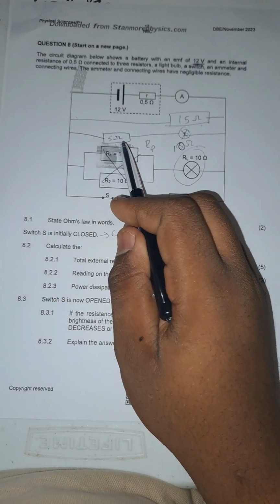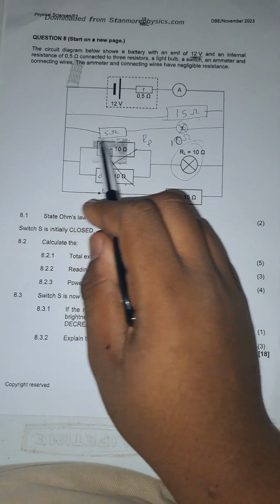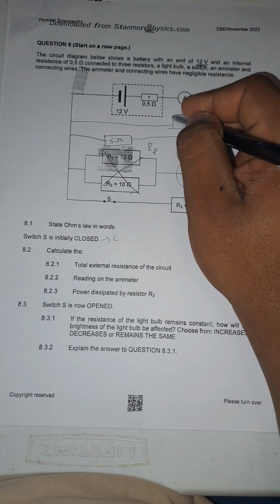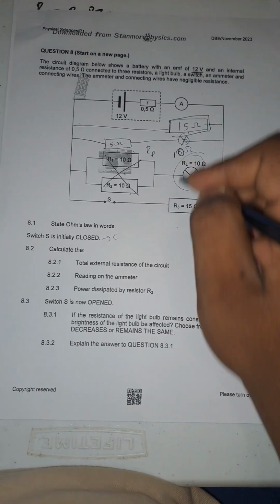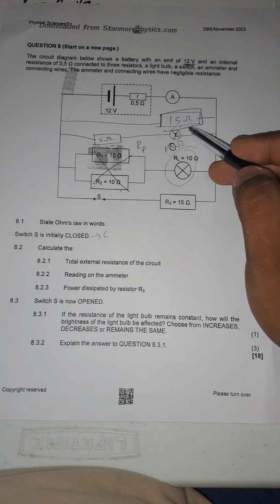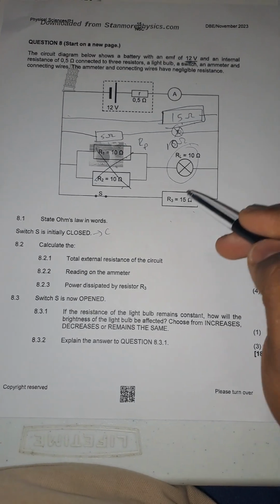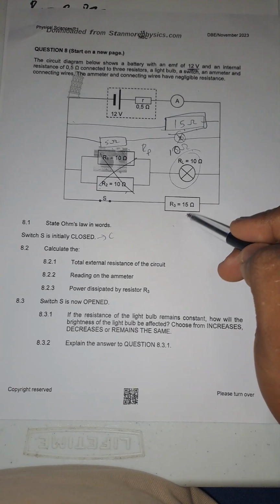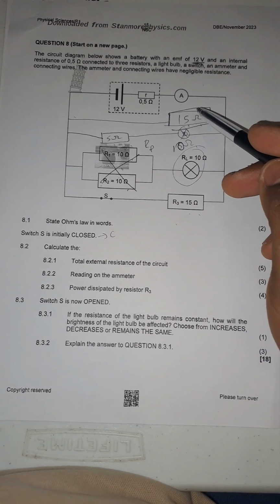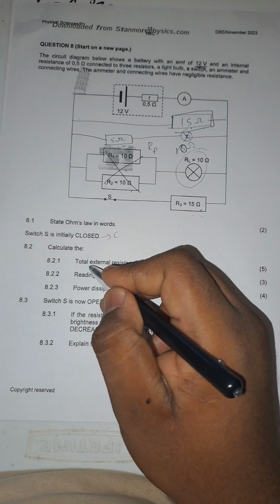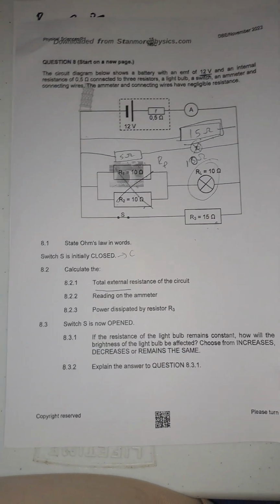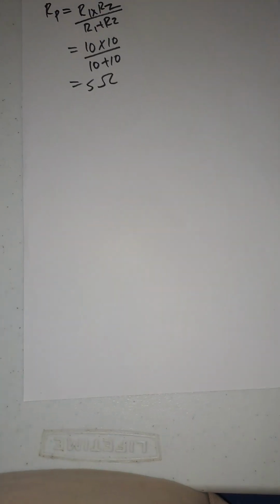Now I can write it as one 15 ohm resistor. But at the same time, the very same 15 ohm resistor is in parallel with R3, meaning that I'll have to find the resultant resistance in parallel between 15 and 15, so that I can find the total external resistance of the circuit. I hope it's now clear.